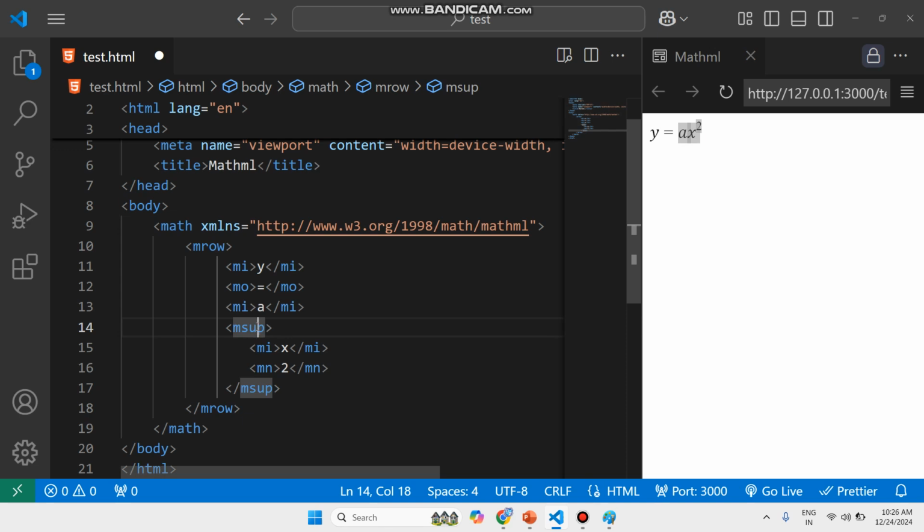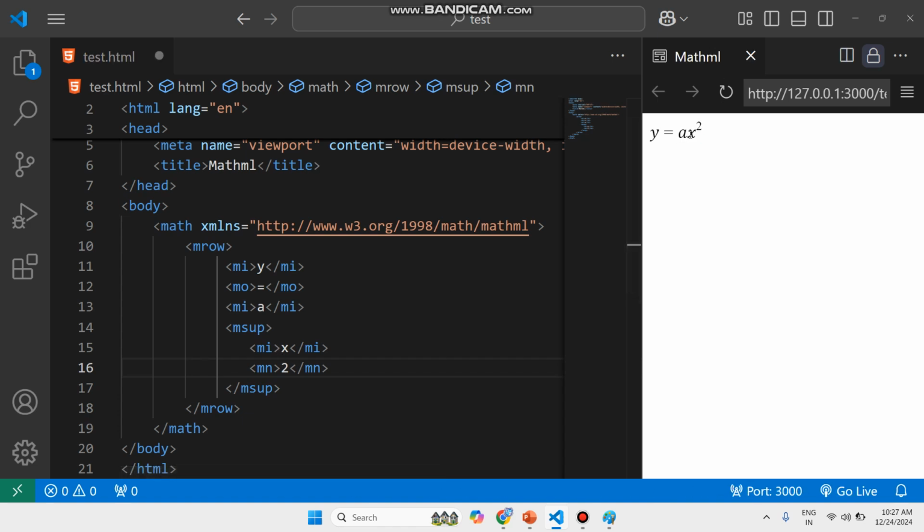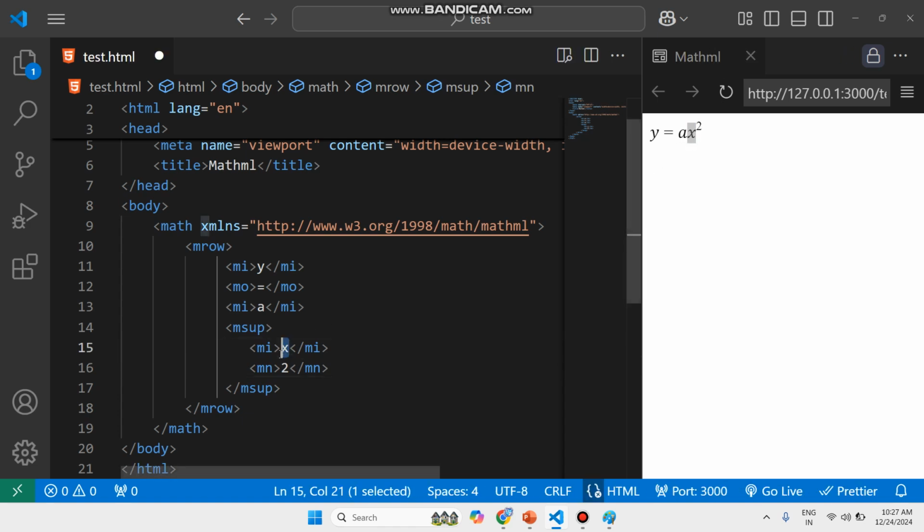Superscript means when I want to write a square, that time I am using superscript. After that we are writing mi again because I have one character, that's why I'm writing this. See, x, I have one character, right? So that's why I'm using x over here, and after that the square is the numeric value, or we can say the mathematical numeric. Now you understood.